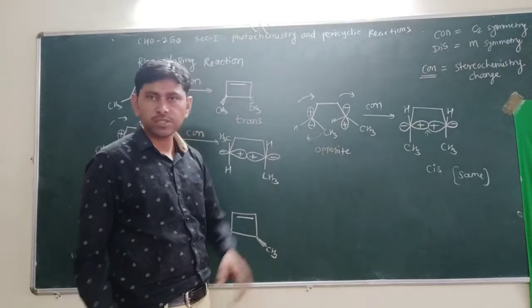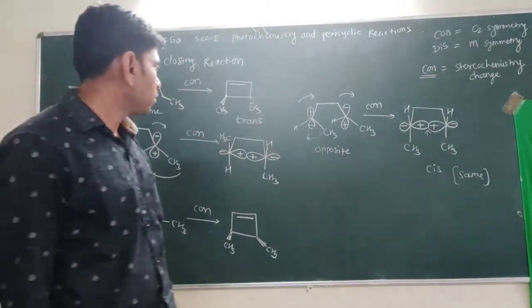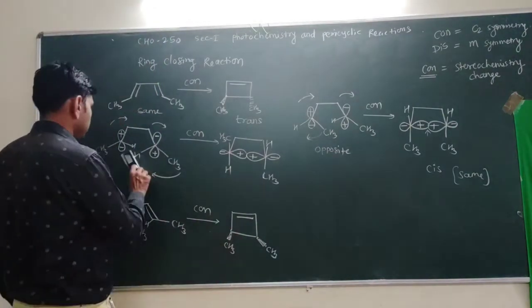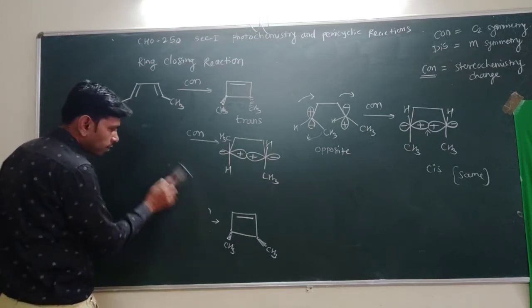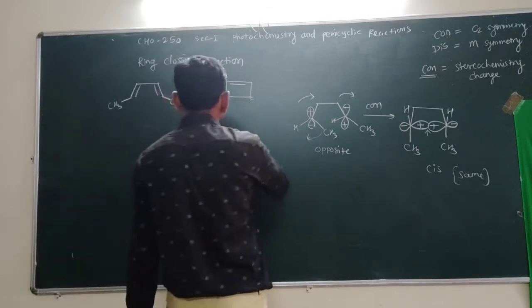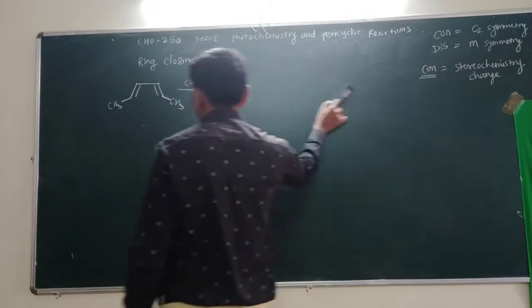So this is about ring closing reaction by conrotatory motion. Now let's apply some rules to disrotatory ring closure. See what happens in the disrotation.